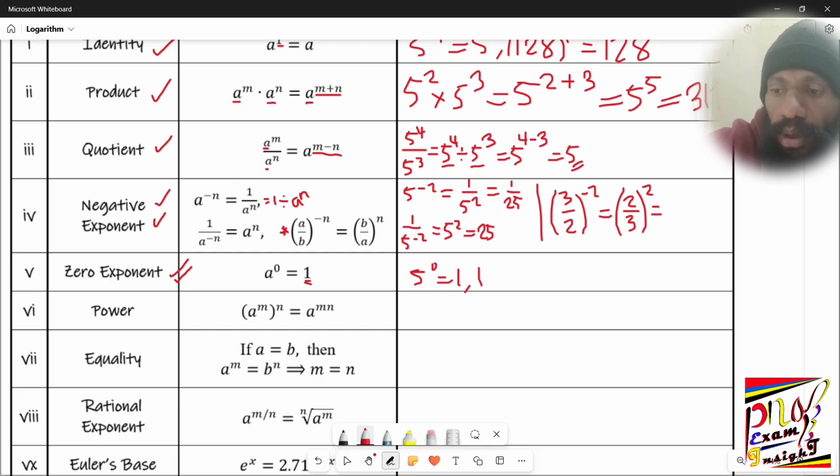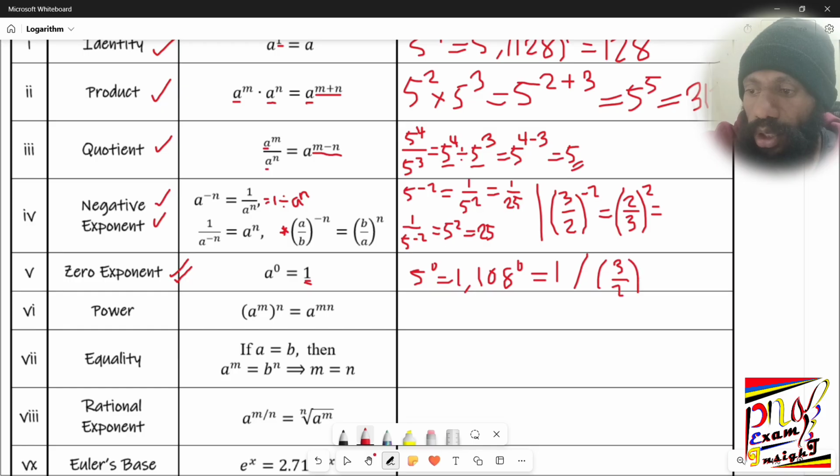If we have 108 raised to the power of 0, it will still equal 1. Anyhow, it will still equal 1. Even if you have a fraction, 3 over 2 all raised to the power 0, it will still equal 1. So any base raised to the power of 0 always equals 1.